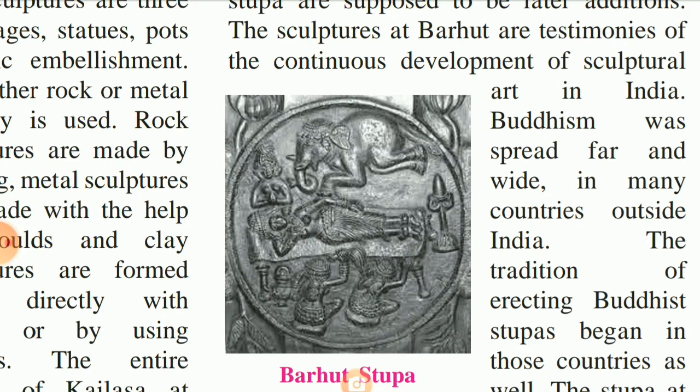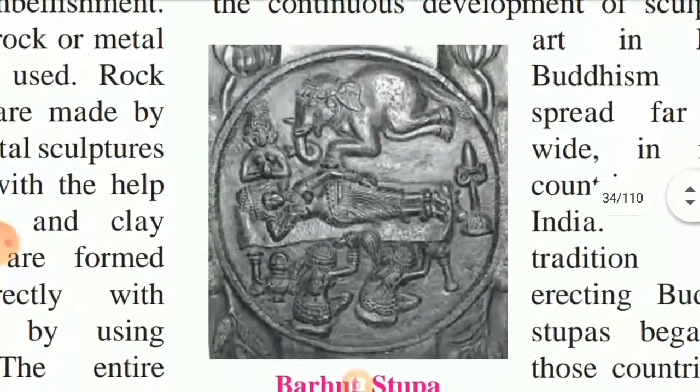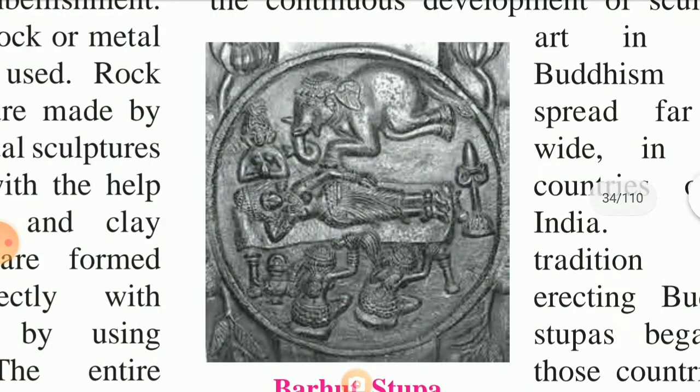Her name was Mayavati, and here you could see she is sleeping, and an elephant is shown, and her maid servants are around her bed. The lamp is burning, and it depicts that Mayavati is dreaming. At the same time, she is pregnant, and an elephant was there in her dream.